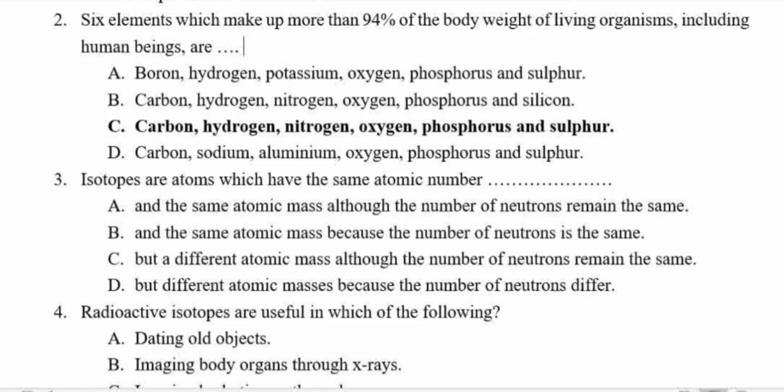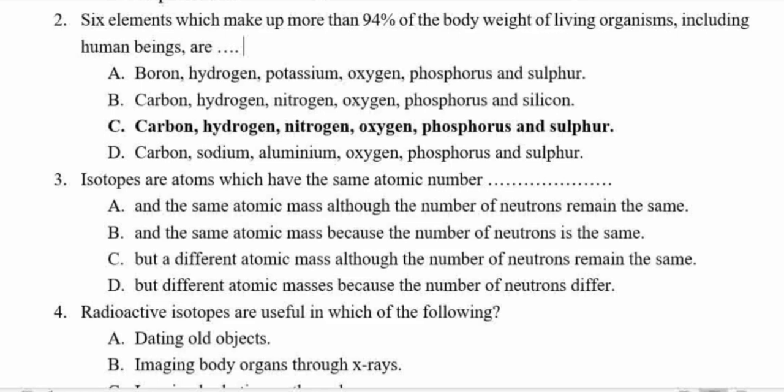So carbon 12 means an atomic mass of 12, carbon 13 has an atomic mass of 13, and carbon 14 has an atomic mass of 14. You can see that the atomic masses are different.